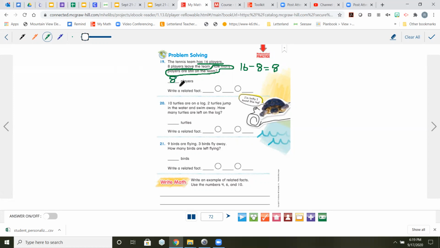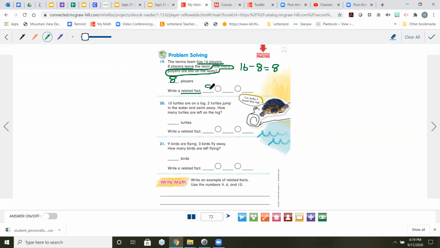Okay, now let's look at this one. It says write a related fact. Remember that key thing? Related fact. This is not putting this exact one here. You're going to do a related fact. So do like I did in my thinking. Go backwards. What's the opposite of subtraction? Addition. And it would be 8 plus 8 equals 16.